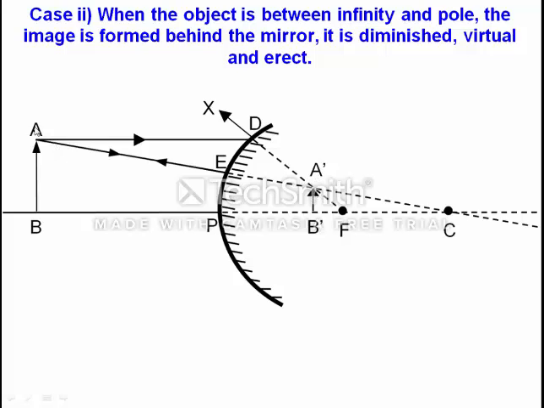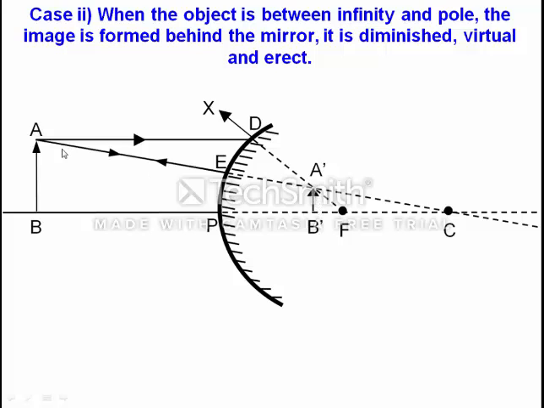Here you can see that A dash is at the top and B dash is at the bottom, top is at the top, bottom is at the bottom, so the image will be erect. Since both reflected rays in original are not meeting, they only seem to meet at a point, the image is virtual. So the nature of image is virtual and erect.